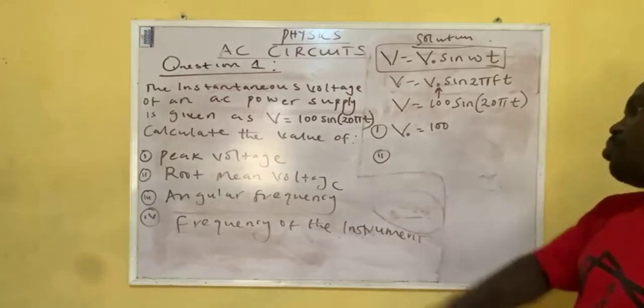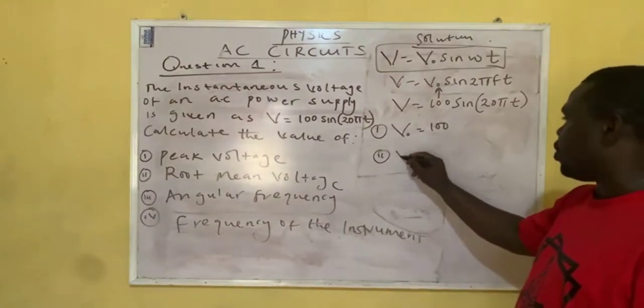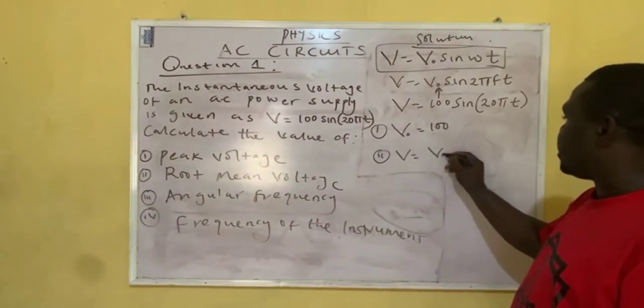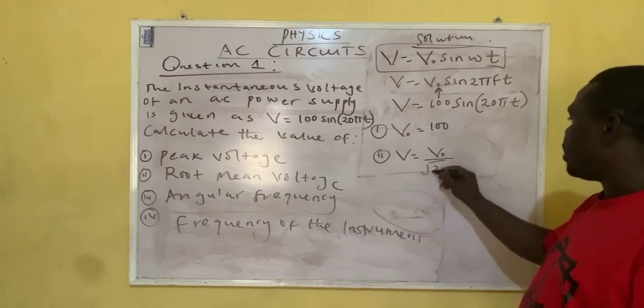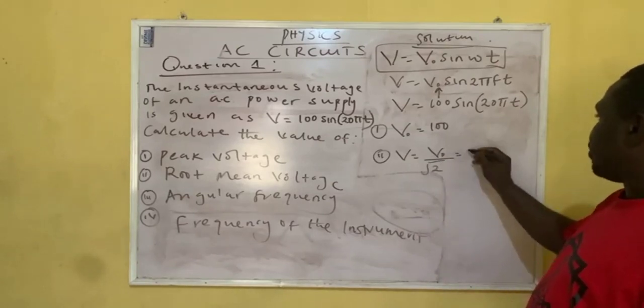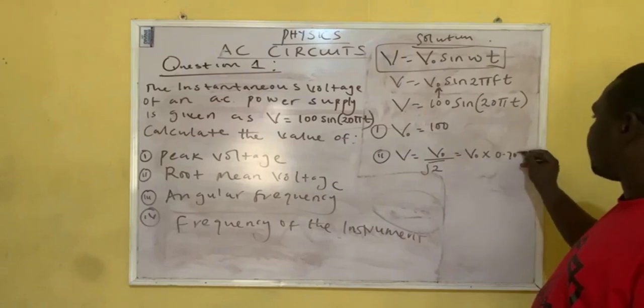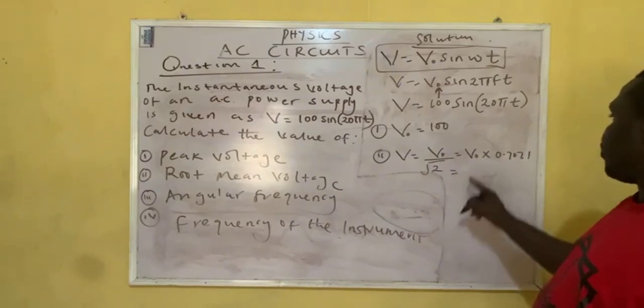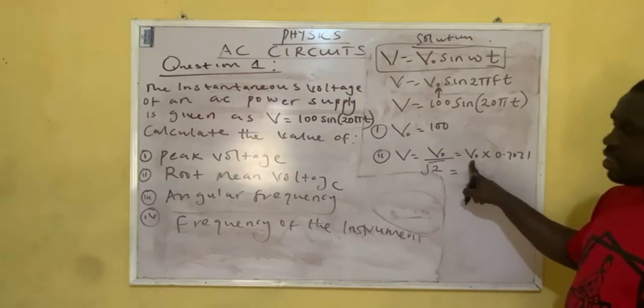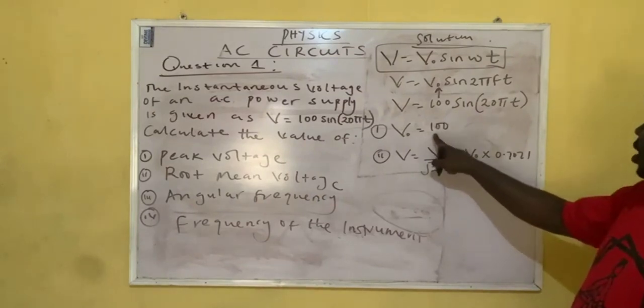Number 2, the root mean square voltage. That's also straightforward. We said that it gives you this, and that can also mean multiplying the peak by 0.7071. So we already know our peak, right? What's our peak? Look at it here.